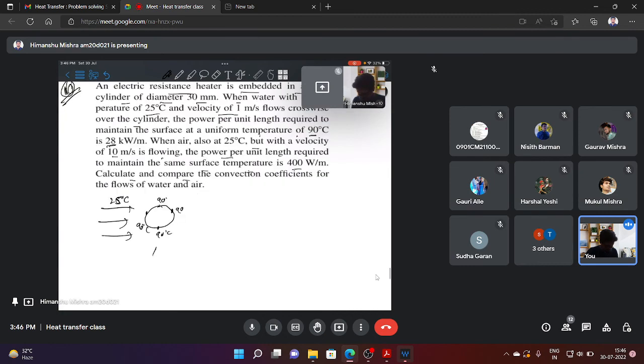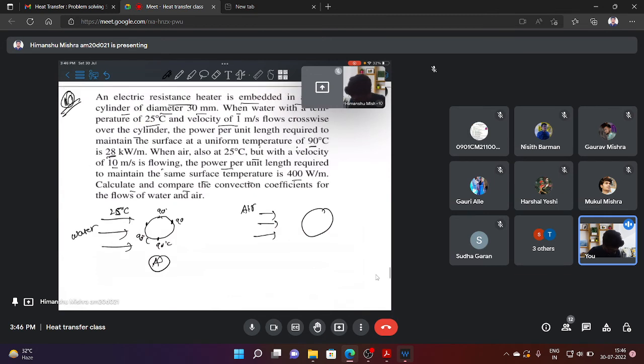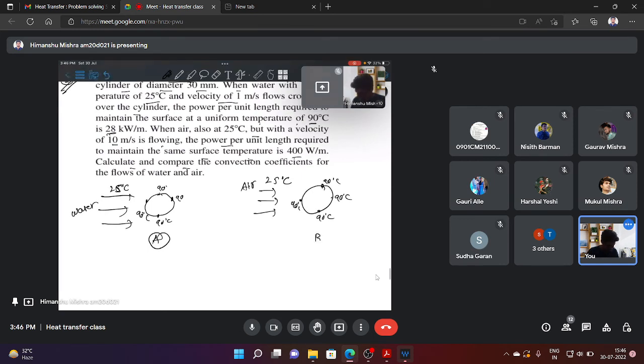So this is my case A. In case B, air is flowing and the temperature is still the same, 90 degrees Celsius at the surface, and the temperature of air is given as 25 degrees Celsius. This is case B.